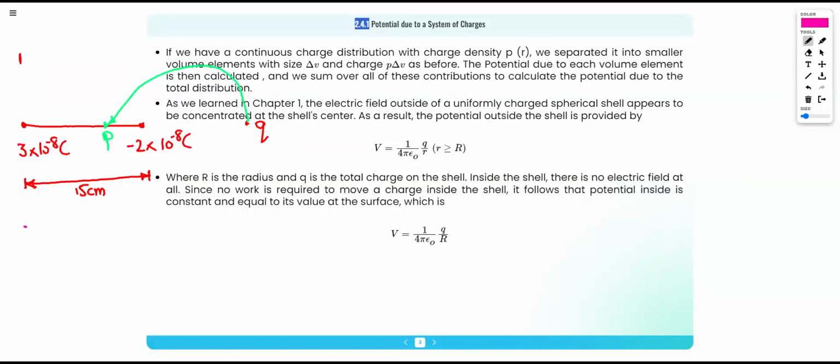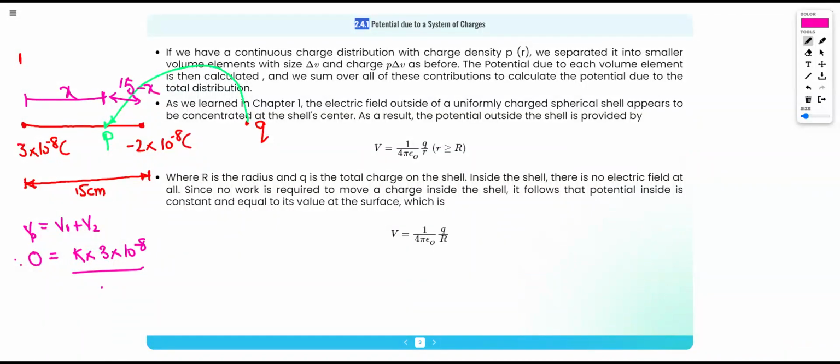That means V1 plus V2 at P will be 0. What is V1? Yes, KQ over R. K into Q, 3 into 10 raised to minus 8, over R. Let us consider this distance as X. So the other distance will be 15 minus X.